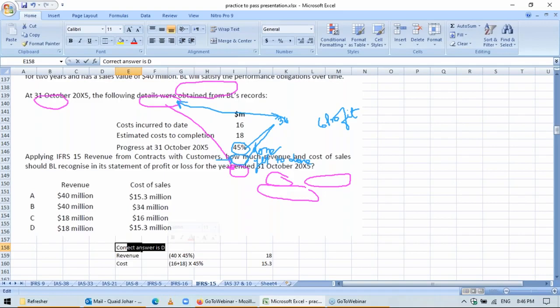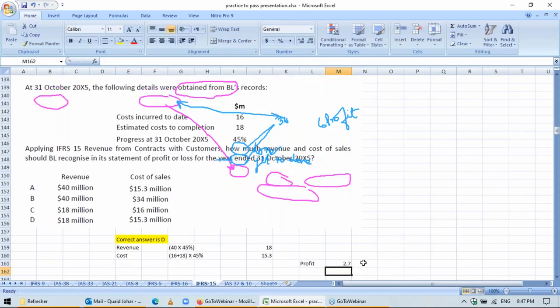So this is how we do it, and you can check the percentage of profit as well over here. Just check the profit which has been recognized. The profit is 18 minus 15.3, which makes 2.7.